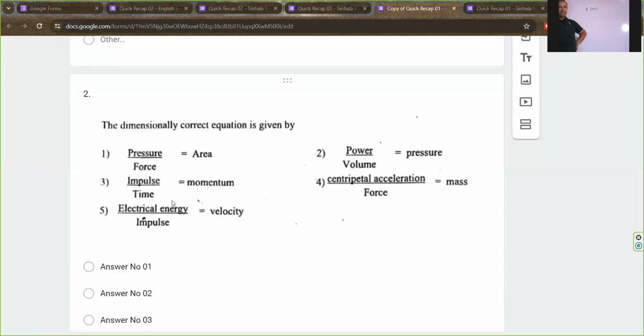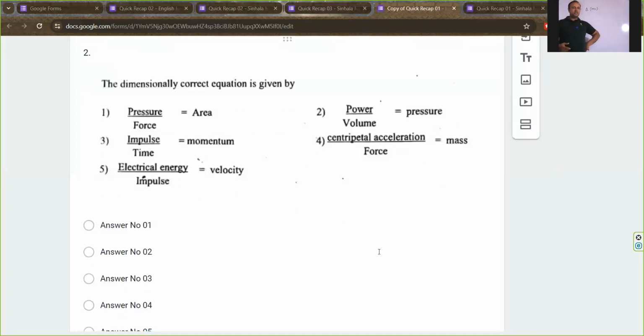The second one: the dimensionally correct equation. How to get that one? You can use your dimensions. The easiest way is to use the units of these physical quantities.